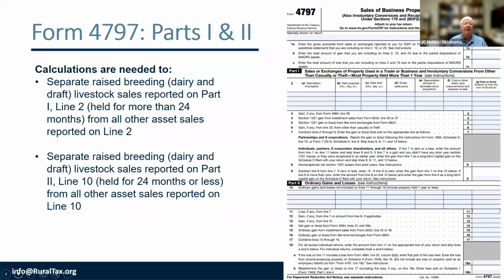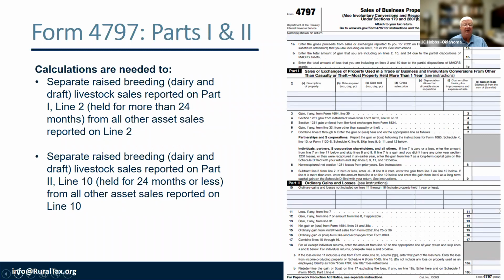Those items are reported on Part 1, line 2, if the animals were held for more than 24 months. Now, this is looking at primarily cows, would apply to those rules. If we're looking at other breeding livestock, remember, maybe we have to hold them for more than 12 months, 1 year. Part 2, we have to include these items as well.